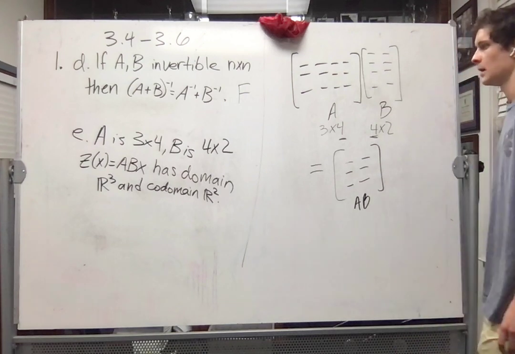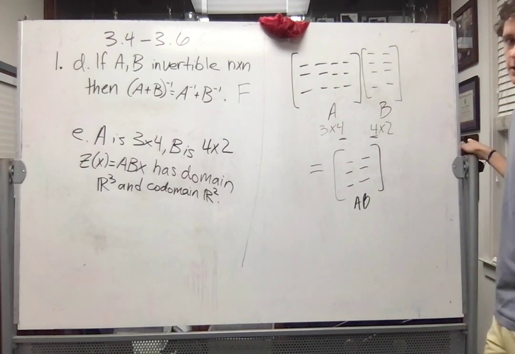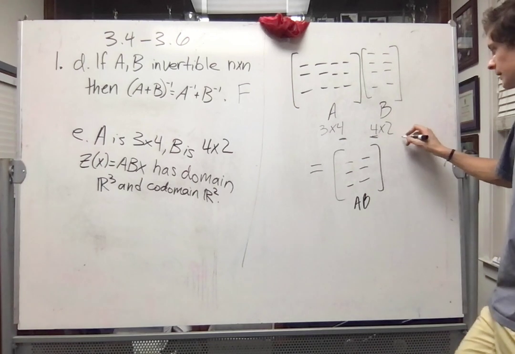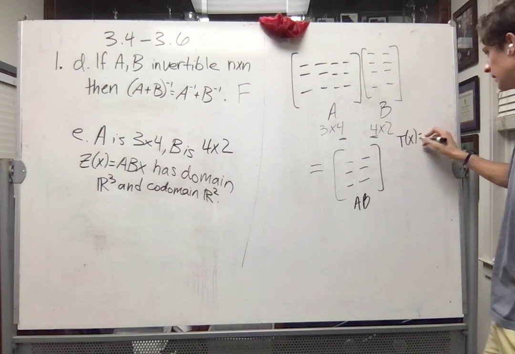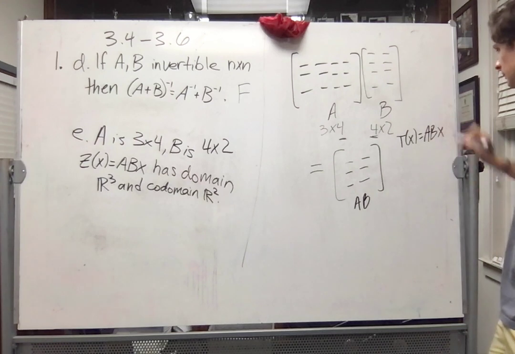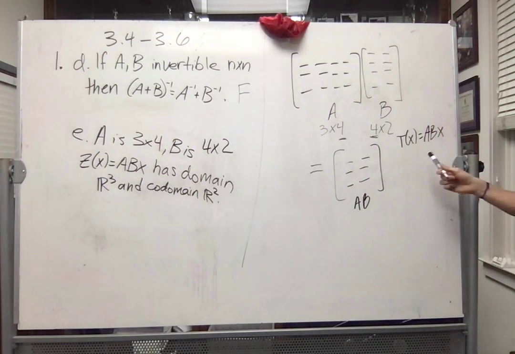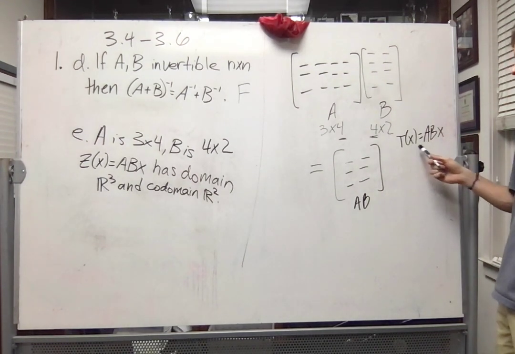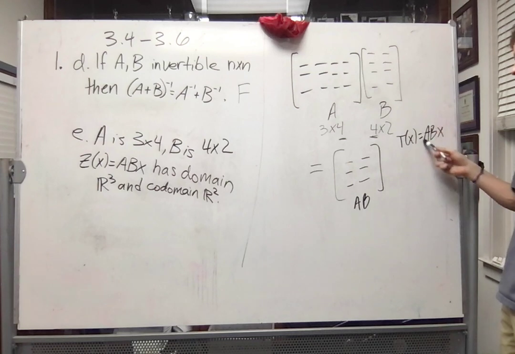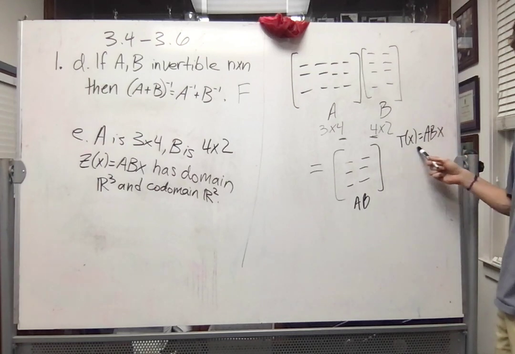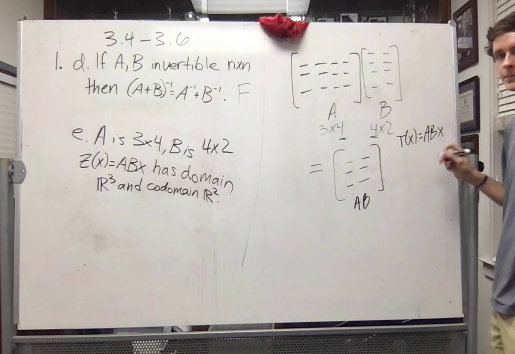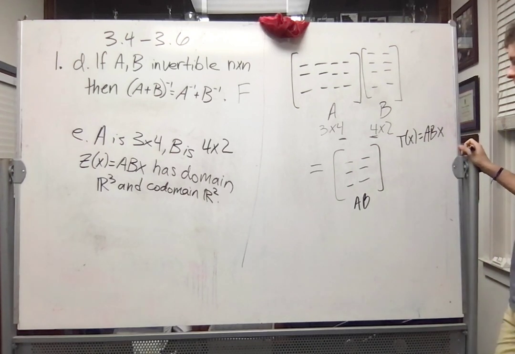Okay? But we want to know about the transformation defined by AB. So T of x is ABx. The input of this transformation is this x, which goes here, and then we multiply it by AB, and that's the output. T of x is the output. So let's think about what size the inputs and outputs have to be.